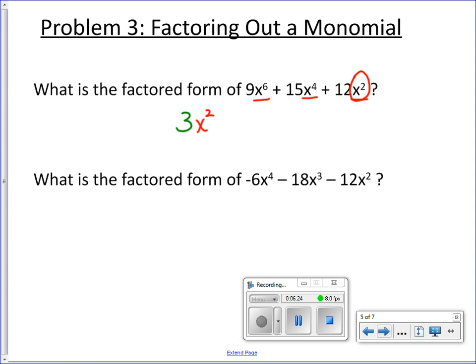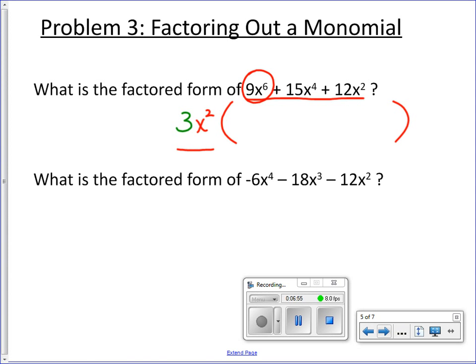Next, we're going to draw a set of parentheses and put inside them the remaining terms we would need in order to multiply and get our initial trinomial. So the question is first, 3x squared times what would give me 9x to the 6th?